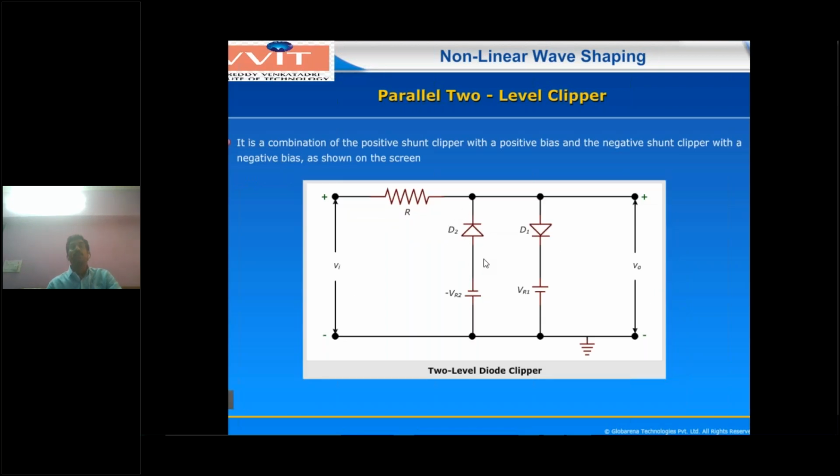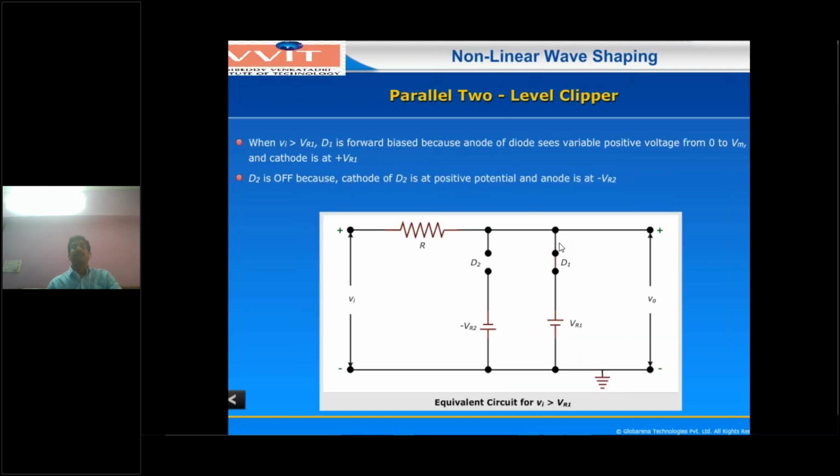So minus 2 is a larger value compared to minus 4, so diode D2 is forward biased and on. And this side is plus 3 volts, so D1 is off. D2 is on and D1 is off.